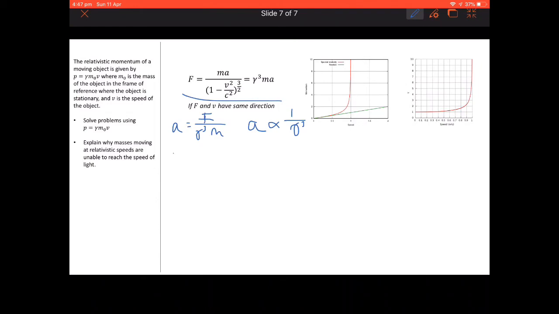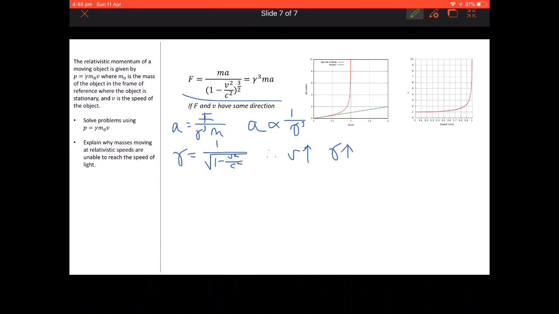We know that the Lorentz factor is equal to 1 on the square root of 1 minus v squared, the relativistic velocity squared, divided by c squared. Therefore, as the speed of a particle, v, increases, the Lorentz factor increases as well.